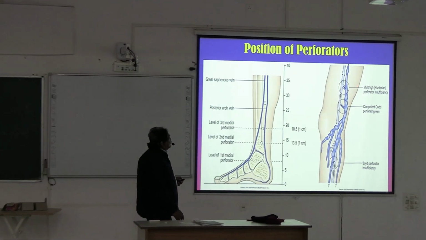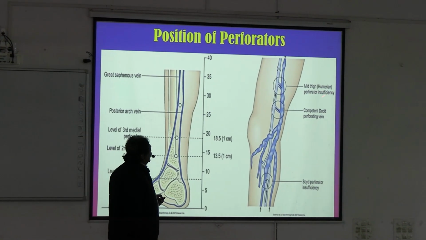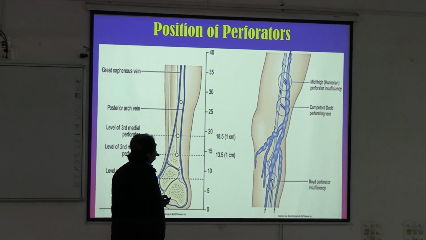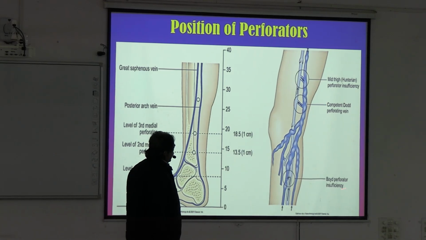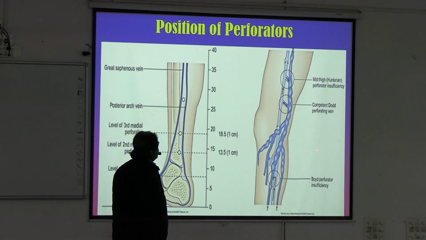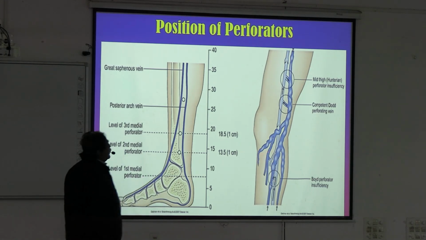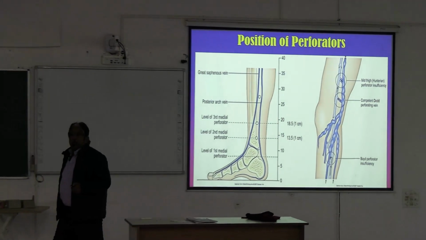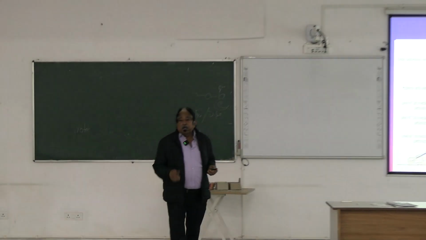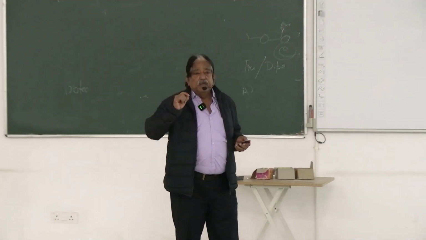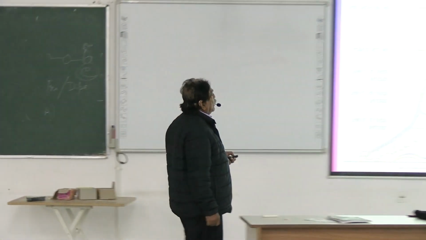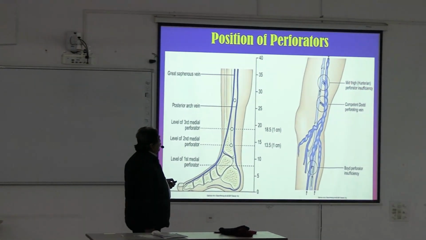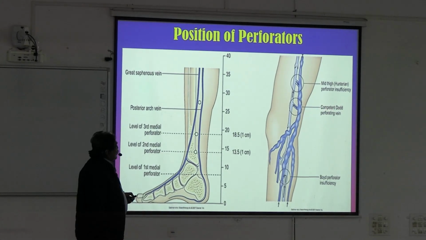Now you see the mid thigh Hunterian perforator insufficiency, Dodd's perforating vein and Boyd's perforating insufficiency. Now this can be a short note, or they can be an MCQ naming Hunterian perforator insufficiency.